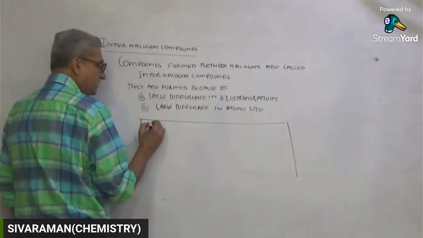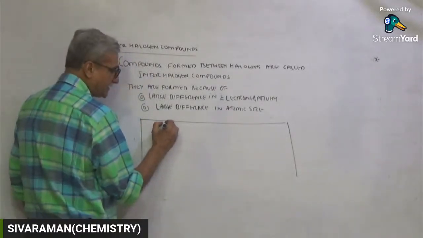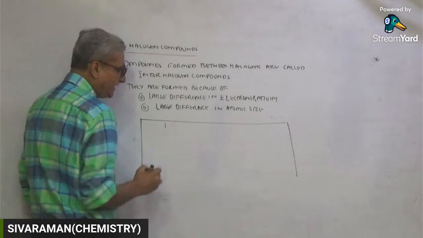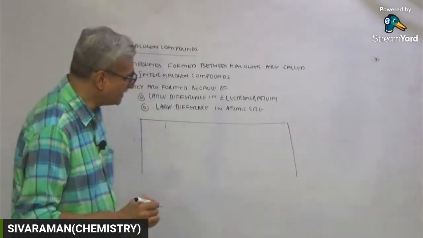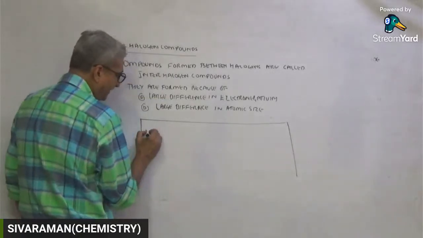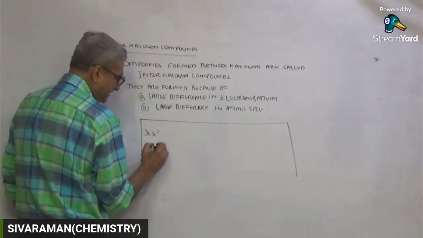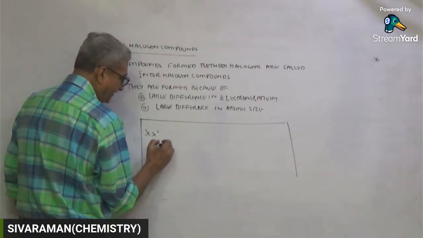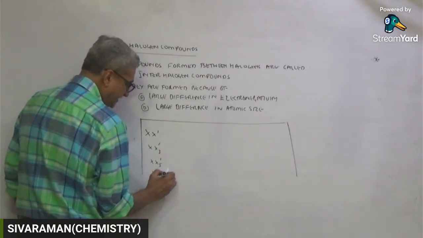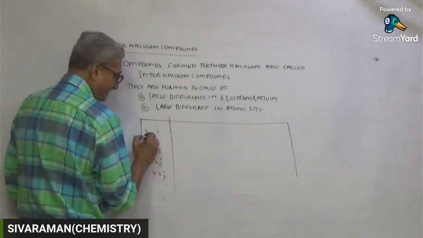The kind of interhalogen compounds that we come across is XX'. X' would be better. So you will have XX', XX'3, XX'5, and XX'7.